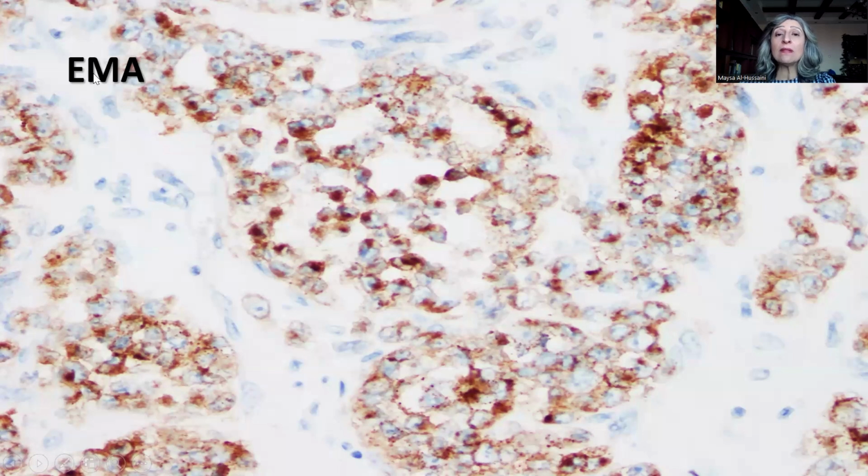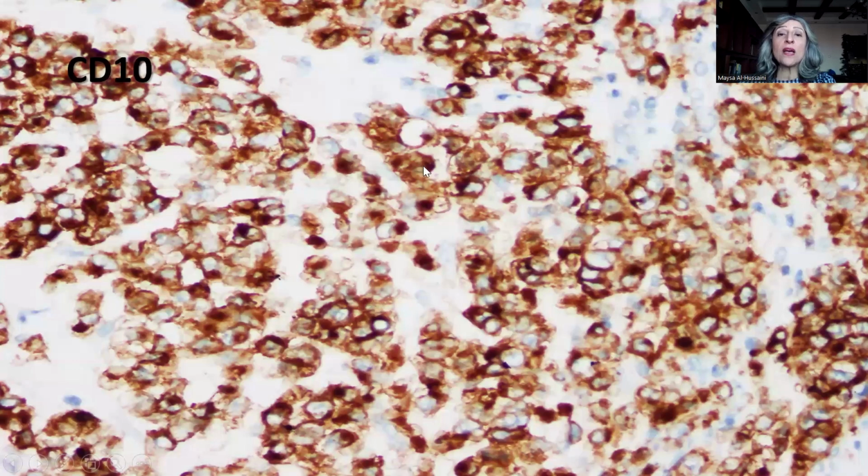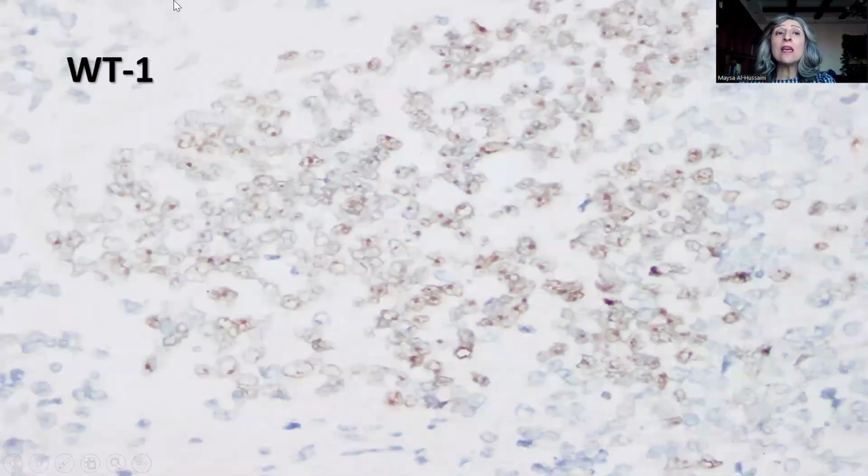Now, importantly, and especially in the presence of the rhabdoid cells, which are also called the large cell component of small cell carcinoma of the ovary, you will see positivity with EMA, again highlighting the globular cytoplasmic inclusion, really very helpful to support the diagnosis, as is the case with the CD10, showing again this globular positivity in the cytoplasm of the tumor cells supporting the diagnosis.